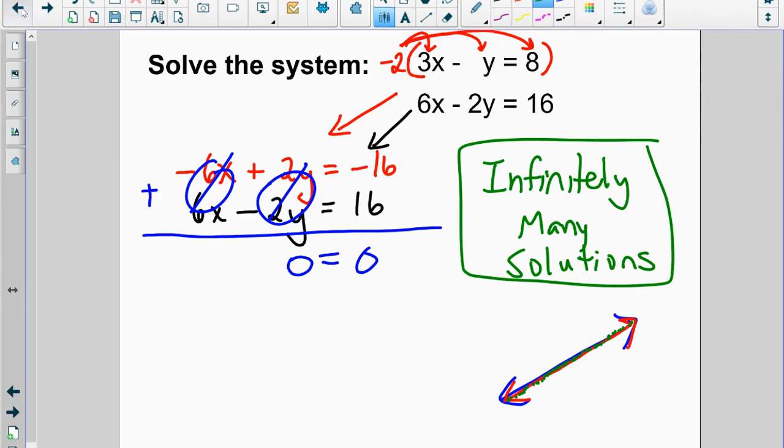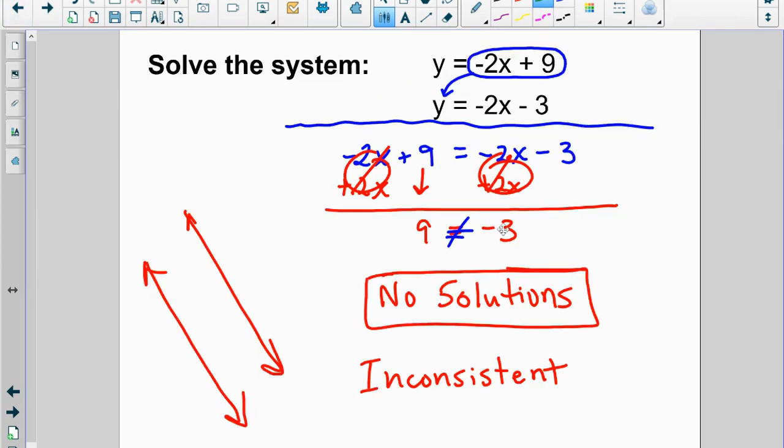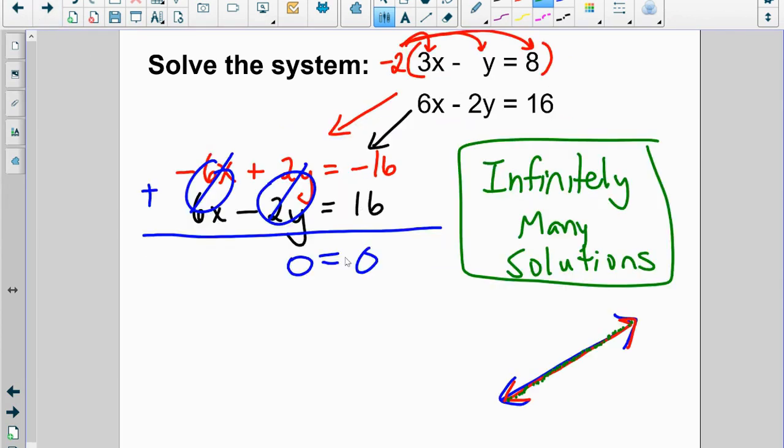So we have no solutions when we get an equation that's not true because the two numbers are not the same. And we say infinitely many solutions when we get two numbers that balance out the equation. Usually that's going to be 0 equals 0.